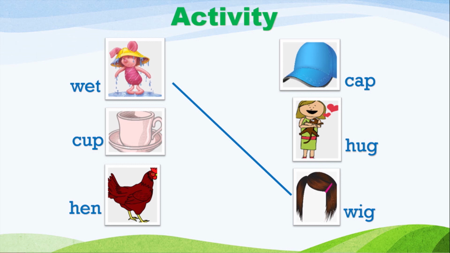You are correct. Cup and cap begin with the beginning sound k. Well, this last one is very easy, isn't it? We have hen, and the only word that's left is hug. And they both begin with the same sound, h-en and h-ug.